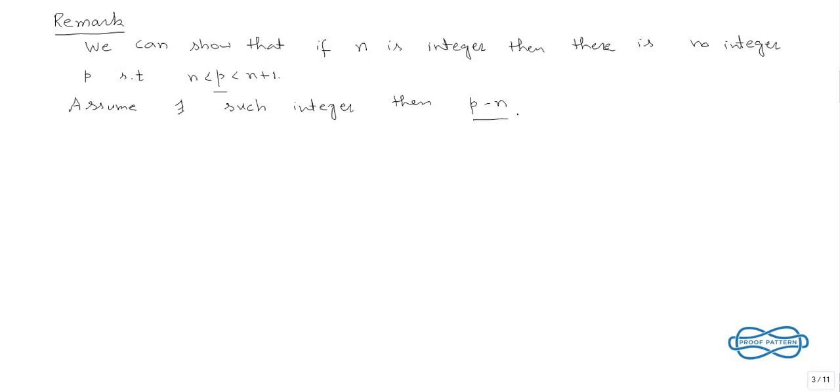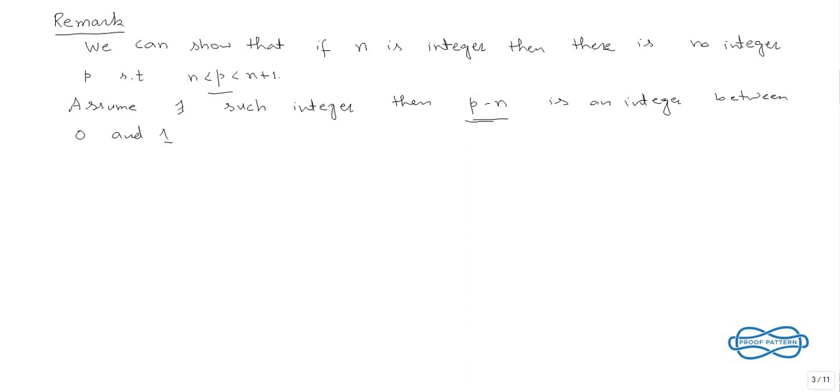So p minus n is an integer between 0 and 1, because this p is between two consecutive integers n and n plus 1, so the difference between p and n will be less than 1.